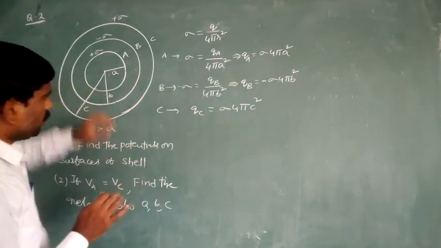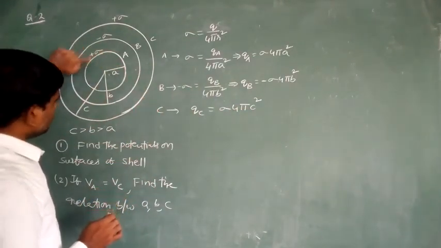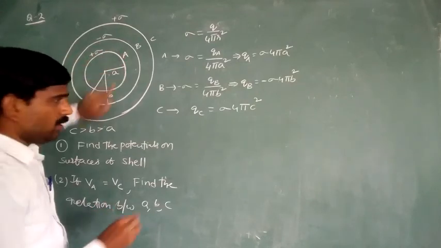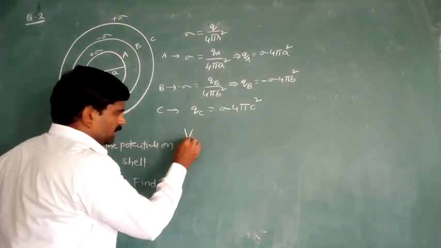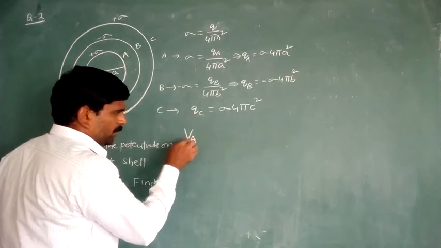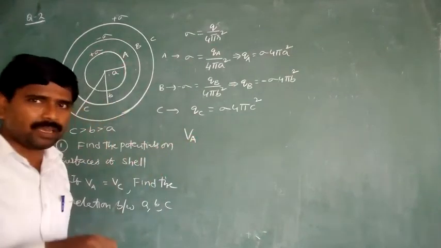Right now we want to find out the potential on the surface of the first shell. Potential on the surface of the first shell I am representing with the letters VA.